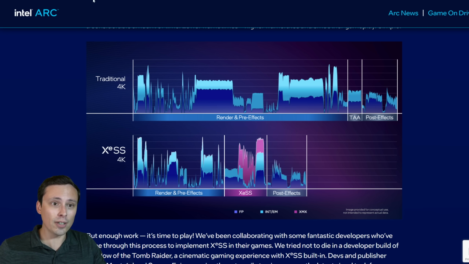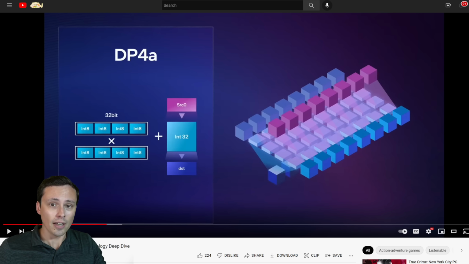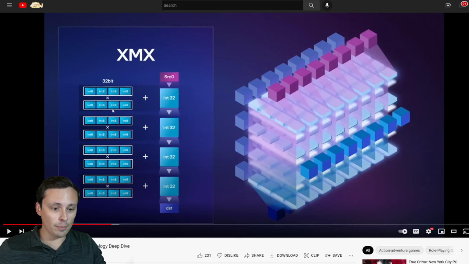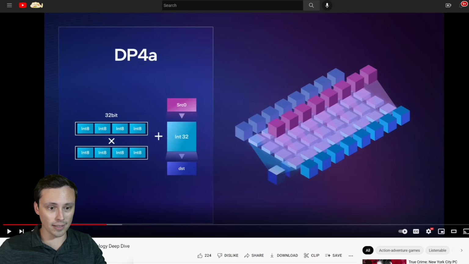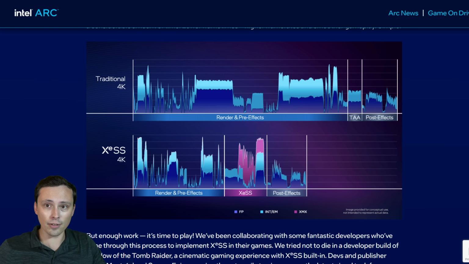And here's why I don't think that, even though you're seeing 4 times as many operations happening in parallel here, the actual frames per second gain would be a 4 times difference. It's due to how this actually works. So where you're gaining most of the performance is by taking the actual render of the image, which takes a really long time at high resolutions, and reducing the resolution that it's rendering at.